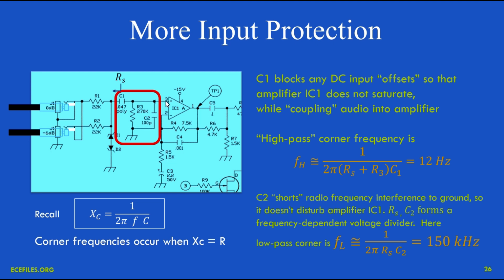We want to short those out so they don't get into IC1. And provided they're sufficiently higher than 150 kilohertz, we're fine. We have protected the amplifier, the rest of the downstream circuits, from both DC and very high frequencies, radio frequencies. Audio frequencies will just go right on through here and get amplified. So let's look at that next.